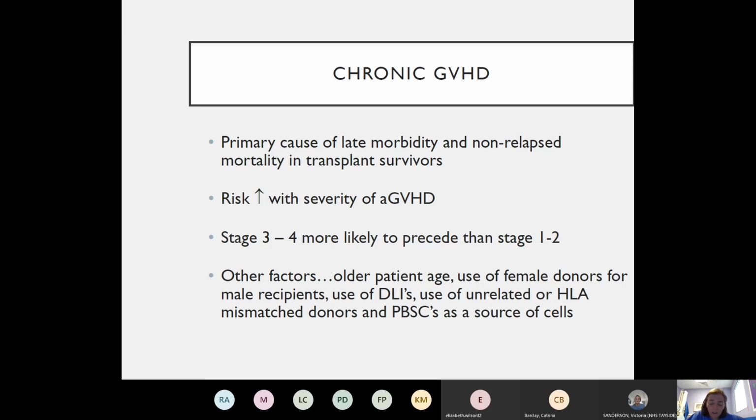The other factors that increase your risk of chronic GVHD are if your patient is older, if your donor is older, if you use female donors for male recipients, if you use donor lymphocyte infusions, if you use unrelated or HLA mismatched donors, and if you use peripheral blood stem cells as a stem cell source.